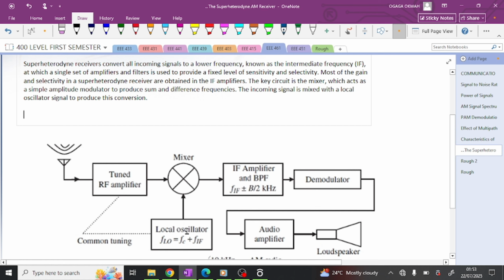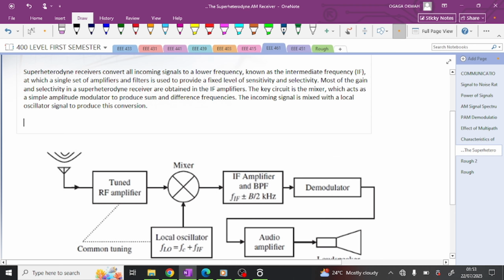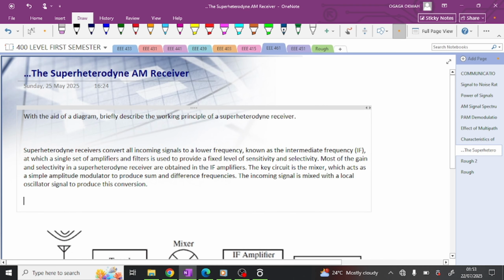You see they are mixed here, and then of course the intermediate frequency amplifier. Now that is demodulated, and then you have your audio amplifier and then output to the speaker. So this is just how that works.